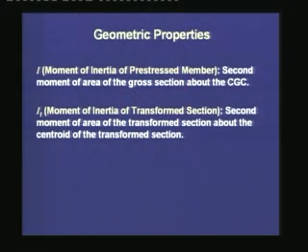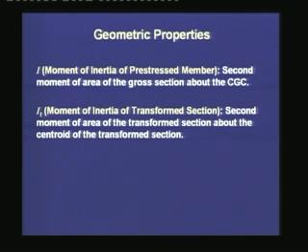The other important geometric properties are, the first is the moment of inertia of the prestressed member. This is represented as I, and this is the second moment of area of the gross section about the CGC. Remember that for an elastic section, the neutral axis lies at the CGC.